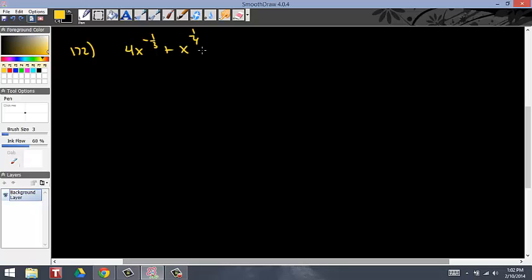Should just be x to the 1/4 y to the 2/3, all over x to the 1/3. Okay, so now, a couple different ways we can do this. I'm going to do this the separation method. Remember how if they're all being added together and they're all under one denominator, I can split them apart?